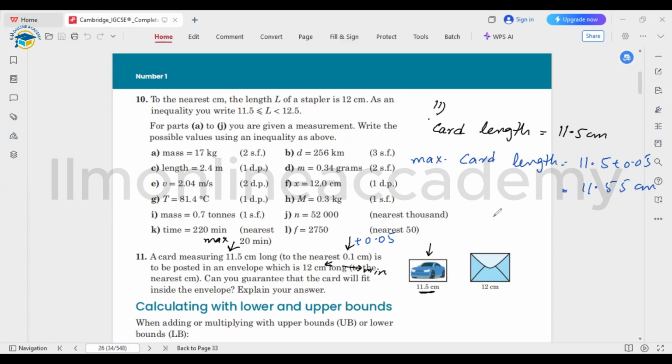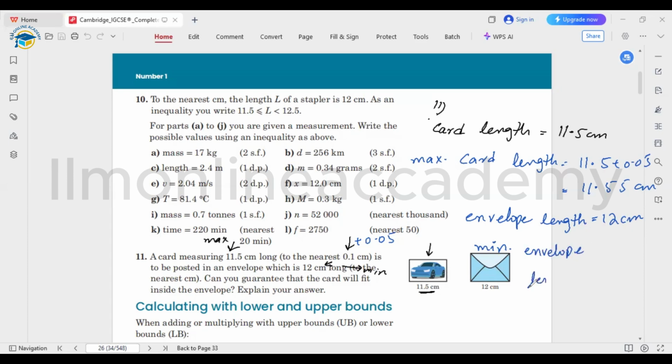Next, they gave us the envelope length. The envelope length is given as 12 centimeter. For the envelope length, we will check the minimum envelope length, which will be according to the lower bound of the envelope.